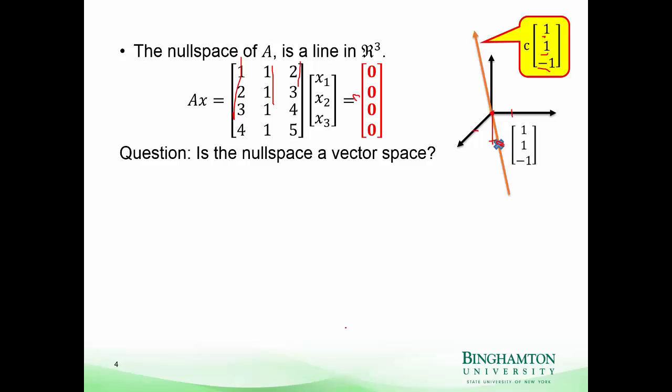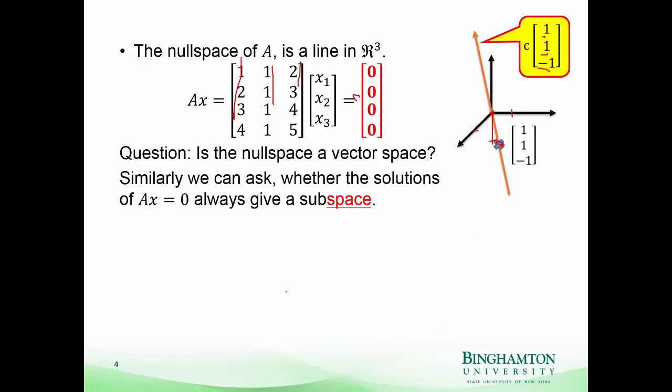So, is the null space a vector space? We could also ask the question a different way: are the solutions of Ax equal to 0 always some subspace of the space the solutions could be in, in this case R3?